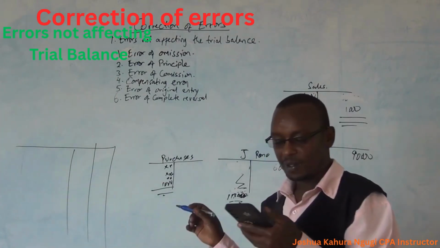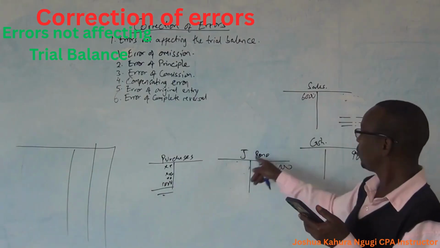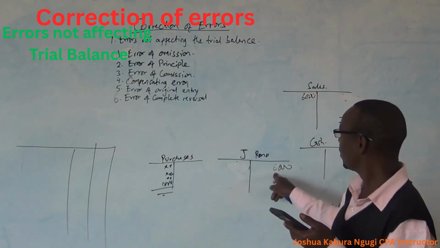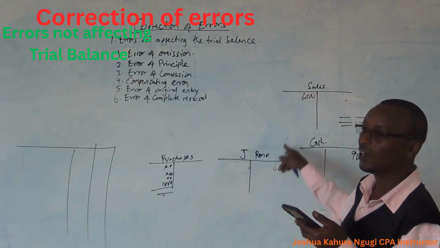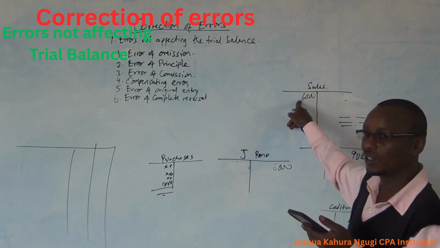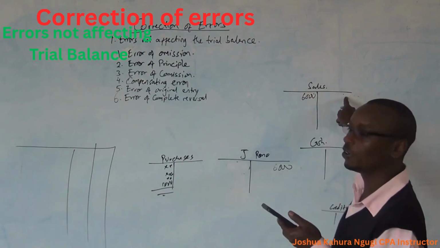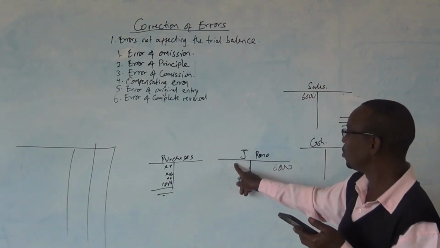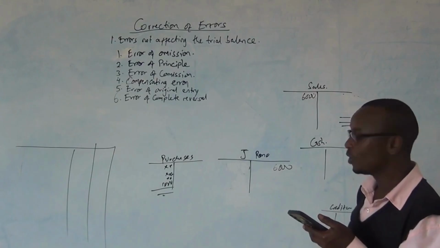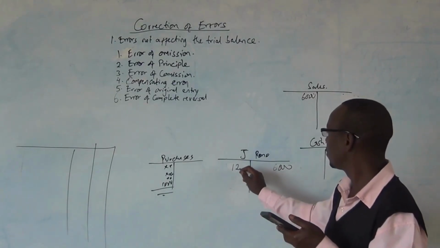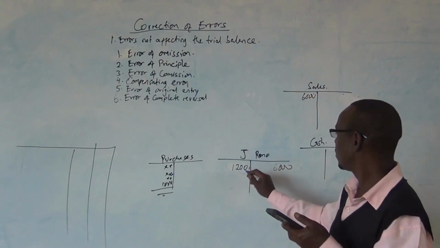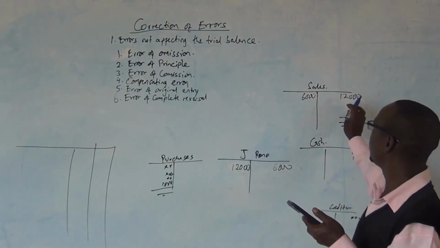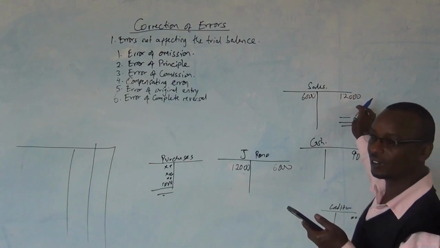Okay? So to correct the error, instead of debiting this account and crediting this account, we debited this account and we credited Rono and debited sales. Now we want sales to reflect 6,000 on the credit side, isn't it? And the same thing we want Jairono to reflect 6,000 on the debit side. So we are going to debit 12,000, so that you can have now the 6,000 on the credit side.